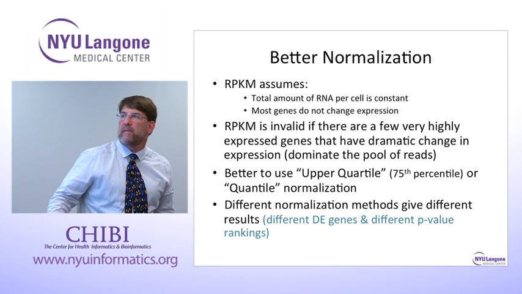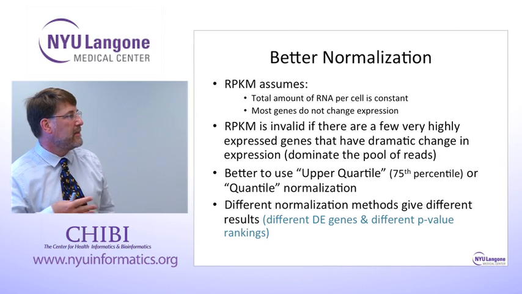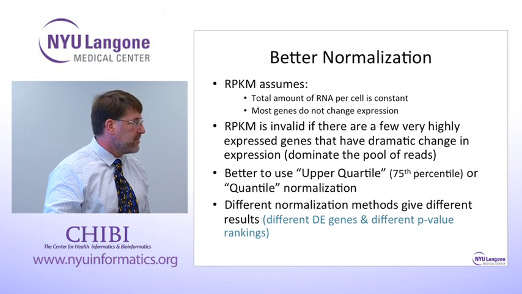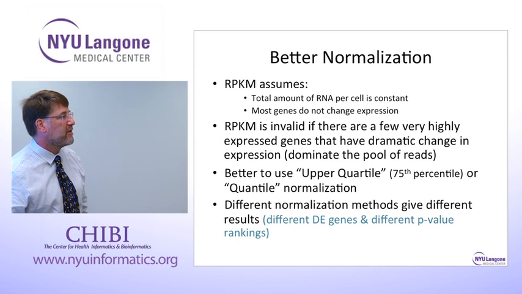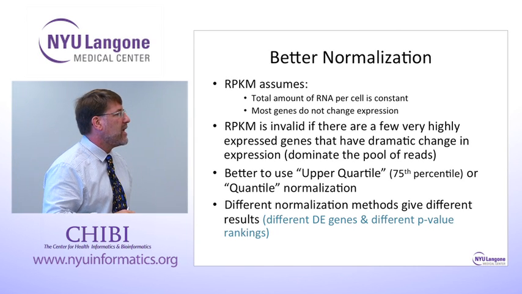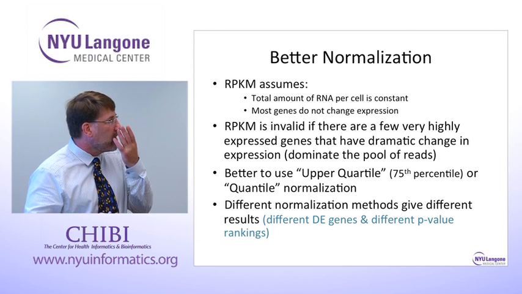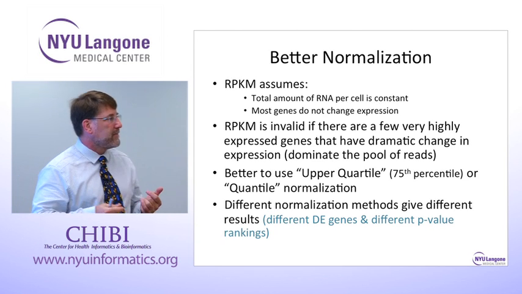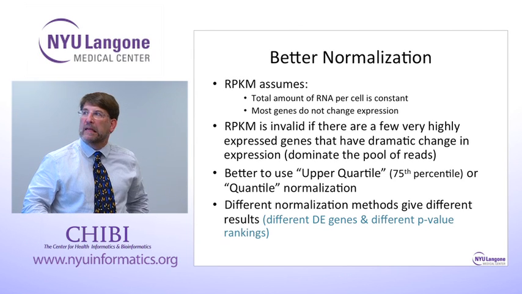The RPKM makes a few assumptions. It assumes that the total amount of RNA in the cell is constant between your two samples that you're making a differential expression calculation. Microarrays make pretty much the same assumption, that the total signal on the array is constant because it comes from all the RNA that comes from your tissue.